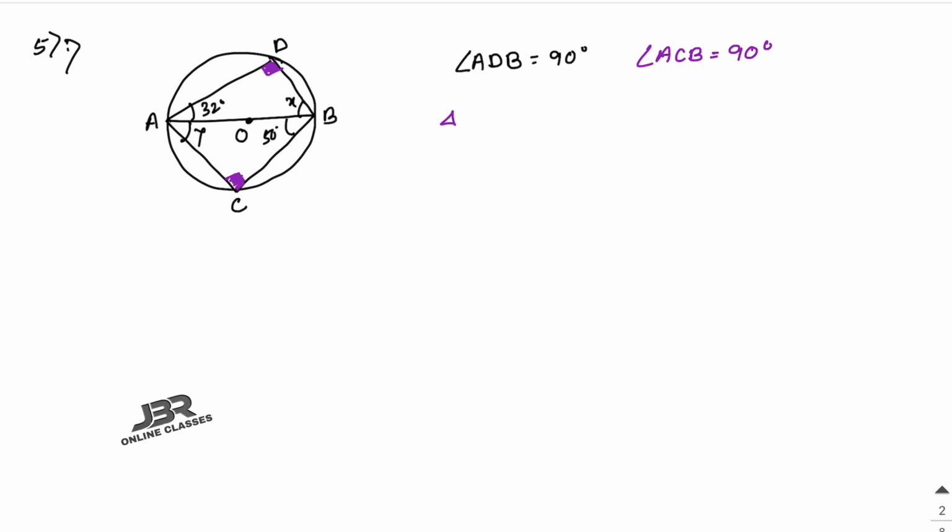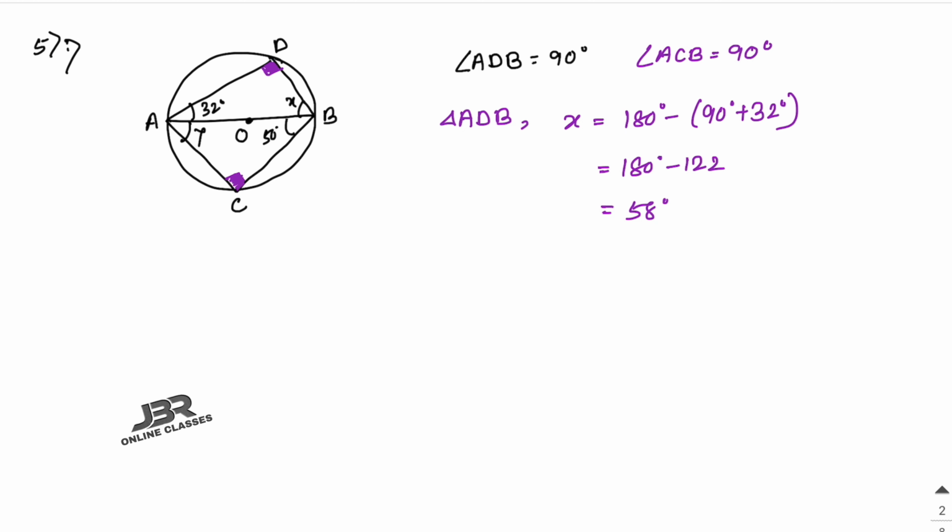Now from the upper triangle ADB, here 32 and 90, so definitely X equal to 180 minus 90 plus 32. Okay, 180 minus 90 plus 32, that means 122 after addition, and then subtract it from 180, so it's 58 degree as your first answer.